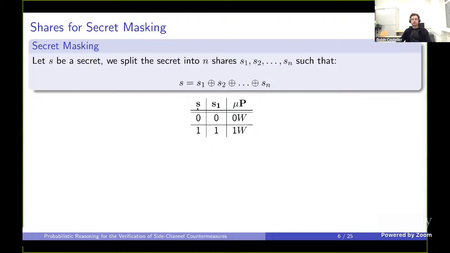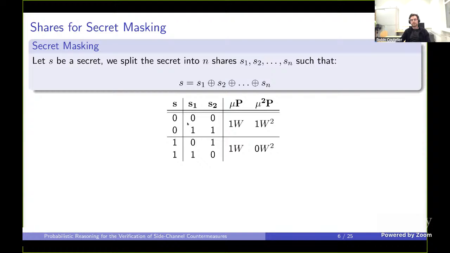So if you have 1 share, you can measure the system twice, and then you see that you have slightly more power consumption, and then you can infer a 1 or a 0. Now, if you have 2 shares, then what do we get? Well, for a 0, we get 0,0 or 1,1. And for a 1, we get 0,1 or 1,0. So on average, you get the same power consumption, right?